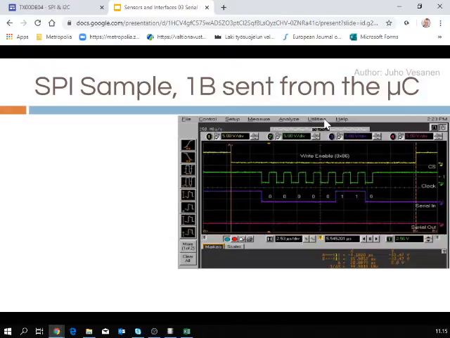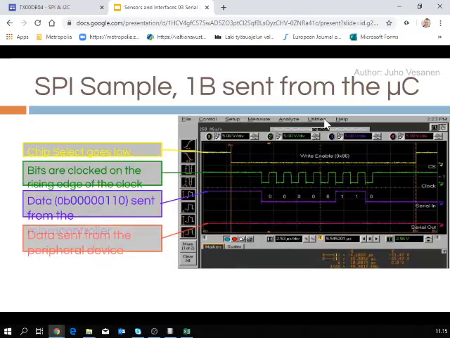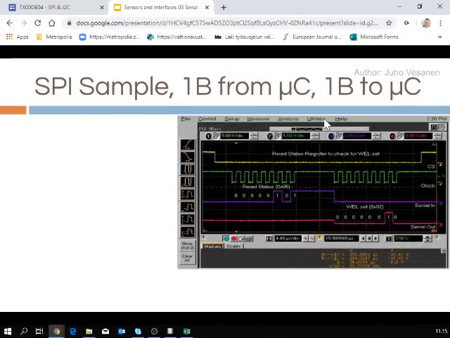Another thing which is not defined is which order the bits are going. You always need to check it from the device. Most of them actually go most significant bit first, I think, but check it from the data sheet. Same thing for the microcontroller, one byte from the microcontroller and one byte to the microcontroller.